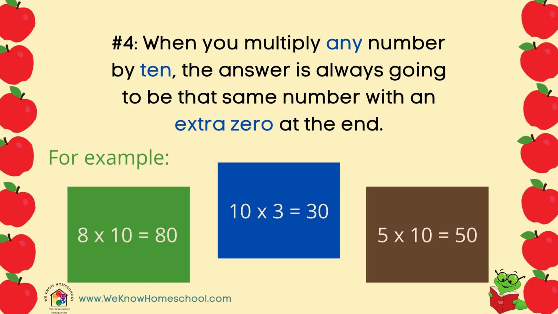Also, 10 times 3 equals 30, which is the number 3 with an extra 0 at the end. The same thing happens with our third example. 5 times 10 equals 50, which is simply the number 5 with an extra 0 at the end.